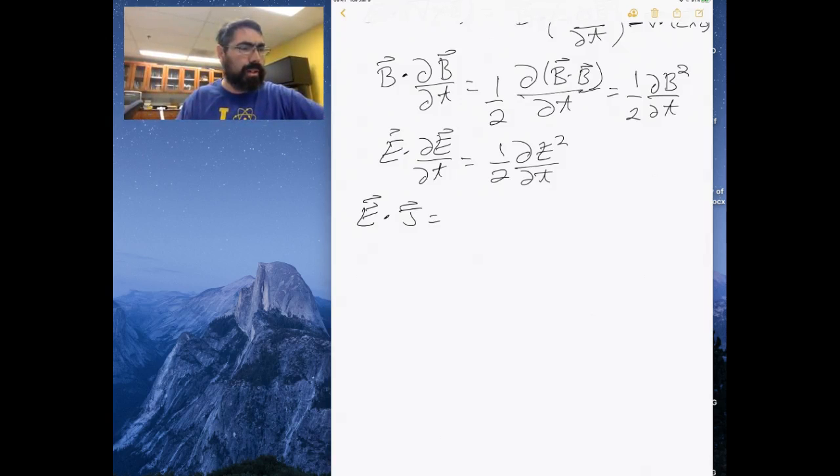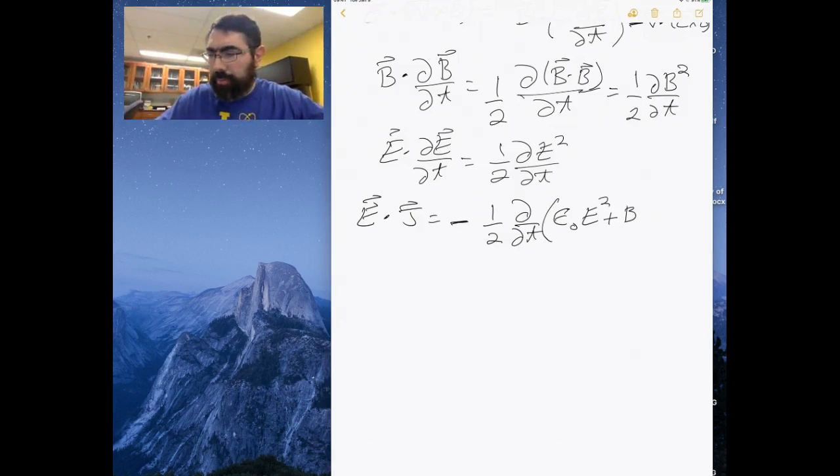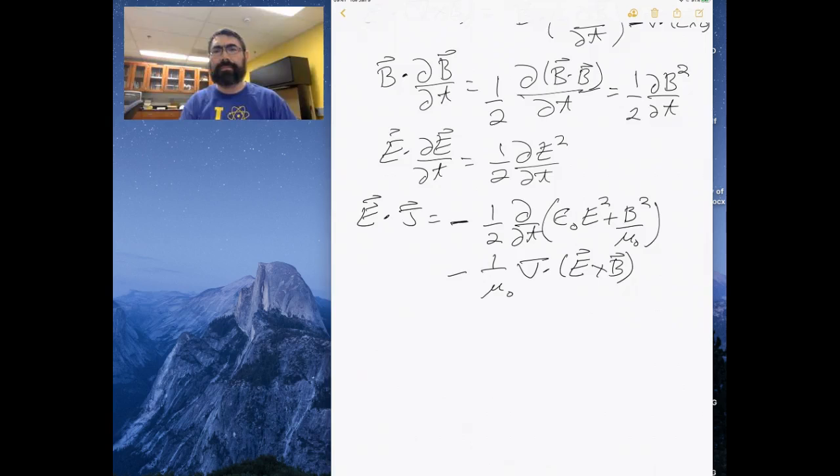So I now have, let's see, minus 1/2 the derivative of epsilon naught E squared plus B squared over mu 0, minus 1 over mu 0 the divergence of the electric field crossed into the B field.